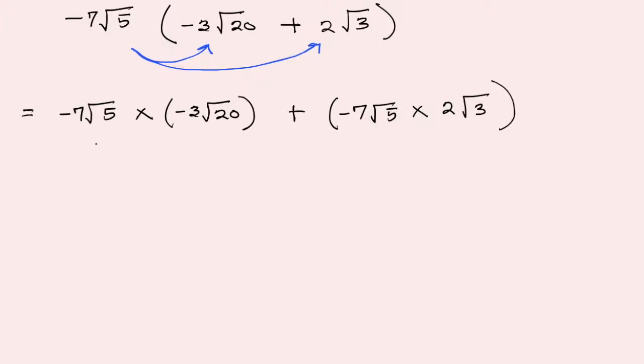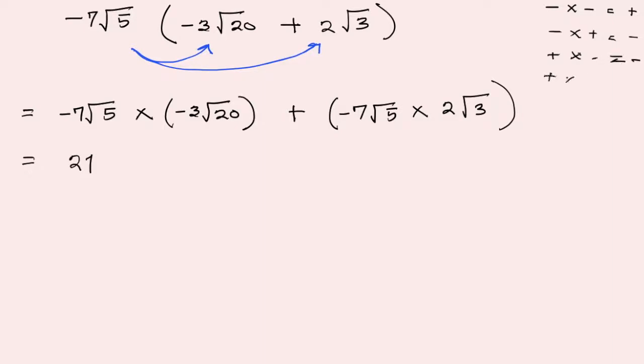So this is going to be equal to, we multiply the outside terms, minus 7 multiplied by minus 3. That's going to result in 21. Remember that minus multiplied by minus is equal to plus. Minus multiplied by plus is equal to minus. Plus multiplied by minus is equal to minus.